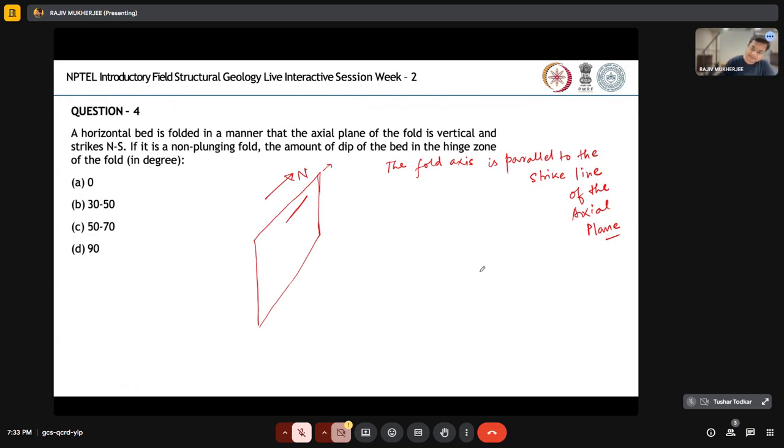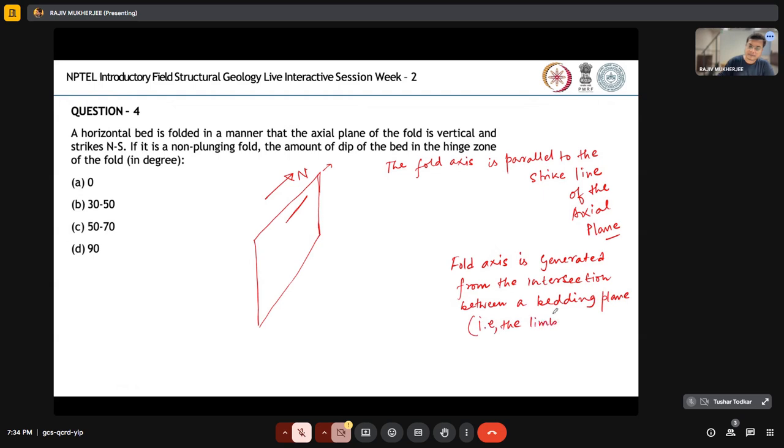So the fold axis is generated from the intersection between a bedding plane, that is the limb, and the axial plane.